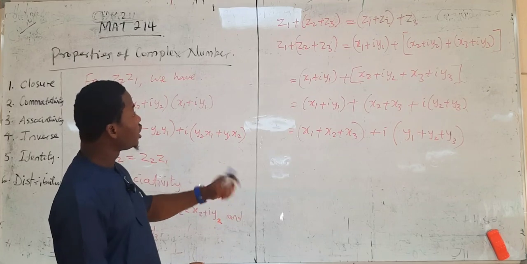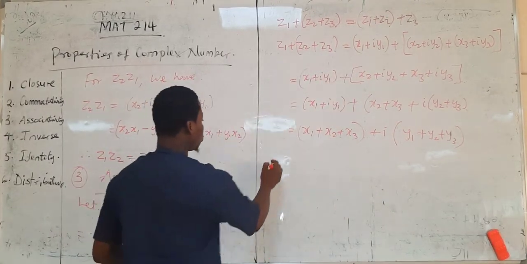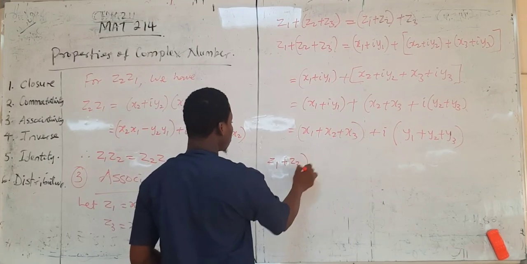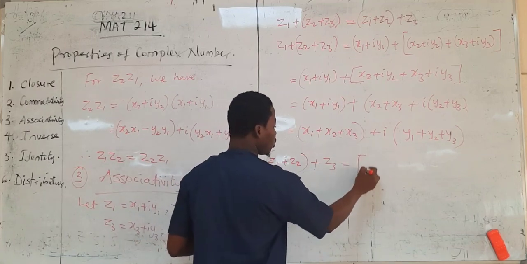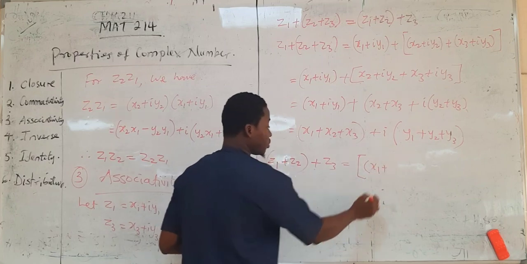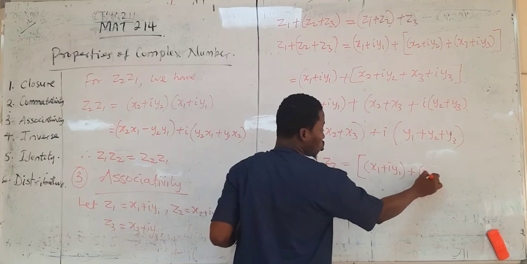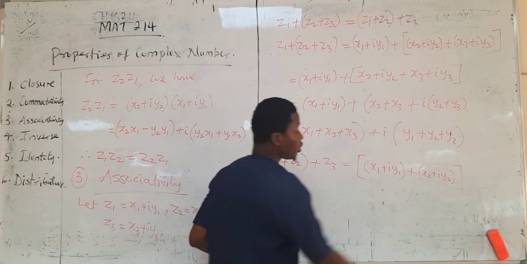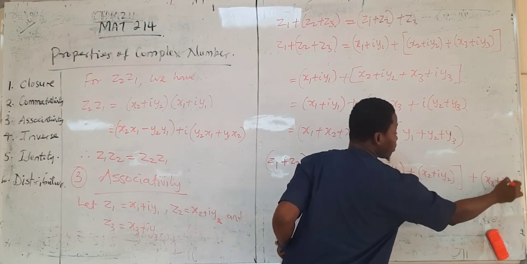So we need to show for this part now. We have that z1 plus z2 plus z3. So we have x1 plus iy1 plus x2 plus iy2, then plus x3 plus iy3.